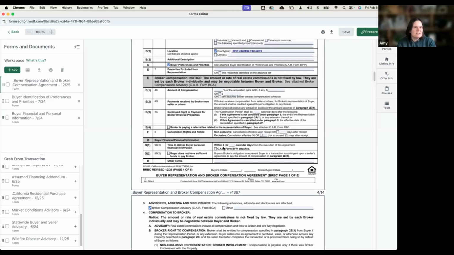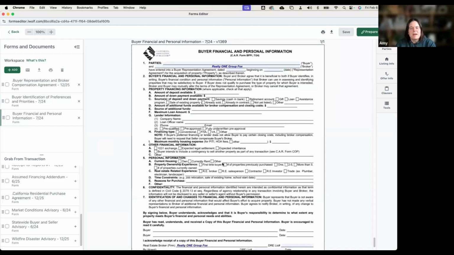So you could take this next form, attach it to this, send it home with them and have them get it back to you. Or you could have them fill it out right there with the BRBC during your buyer consultation appointment.